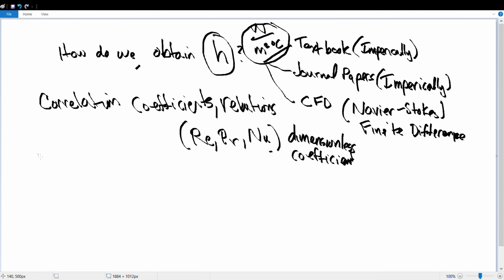So let's go ahead. Typically, if we're cooling by forced convection, we use the Nusselt number.